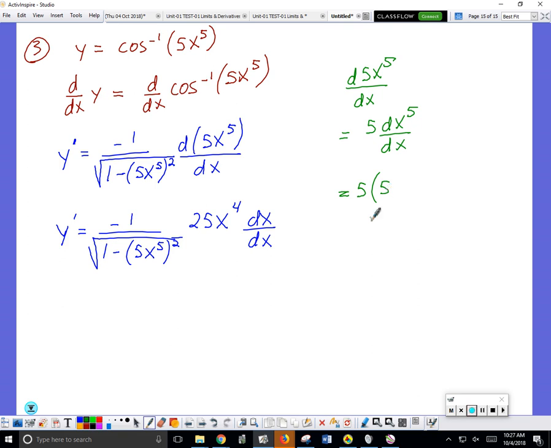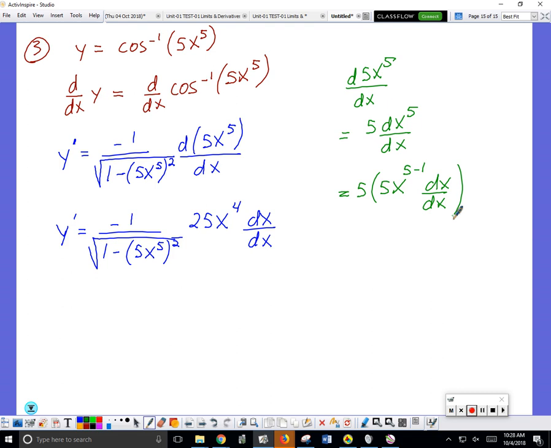Then you have x, new exponent. Everyone okay with that? Multiplied by d dx of this. See it?